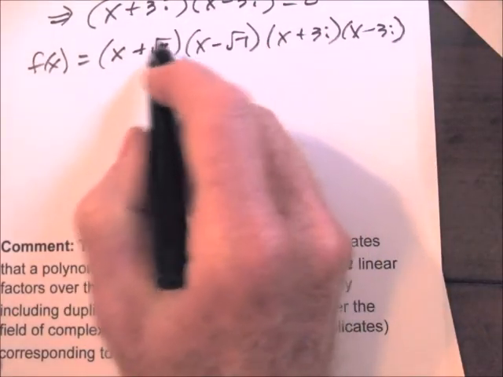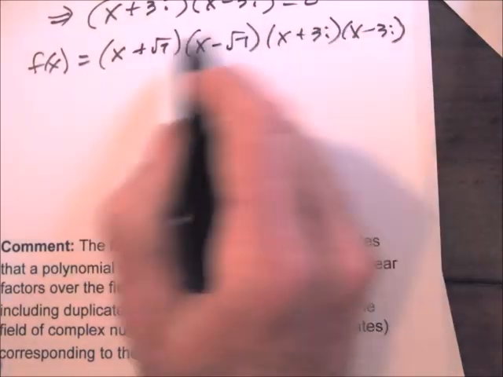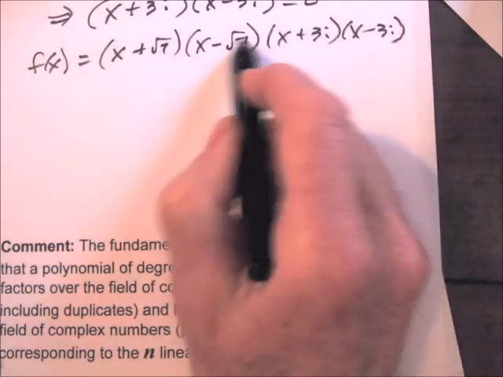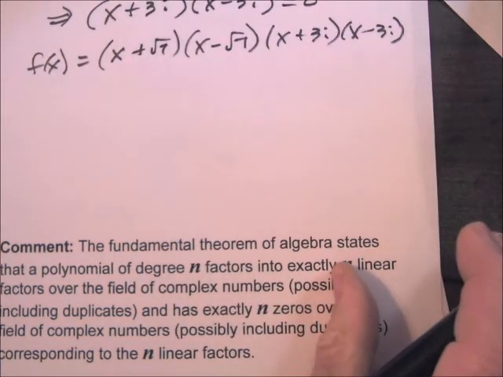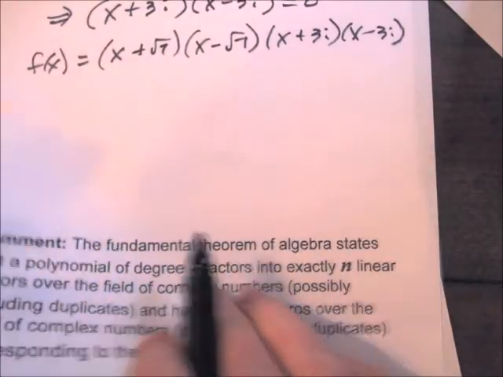In this case we have a polynomial of degree 4, so we have exactly 4 linear factors. Okay, that concludes this presentation.